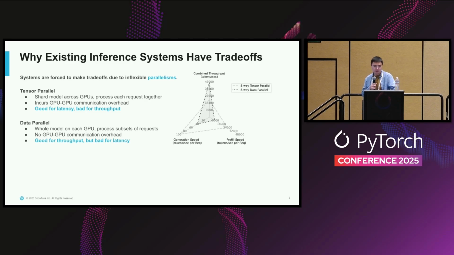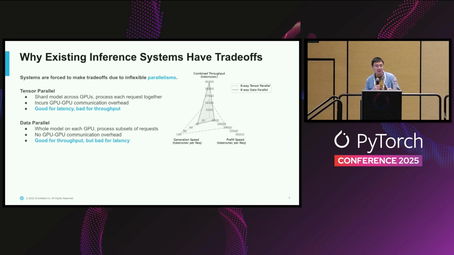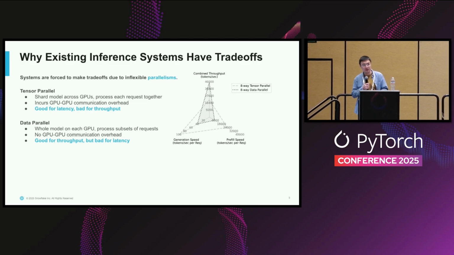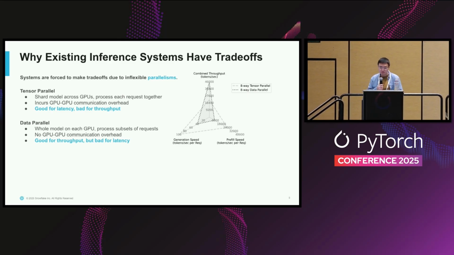In tensor parallelism, we shard the model across different GPUs, and then we process each request in parallel across those GPUs. This is going to get good latency, or low latency, because you're parallelizing the computation for that request across different GPUs. But it's often very bad for your throughput because it's going to incur a lot of coordination and communication costs between your GPUs.